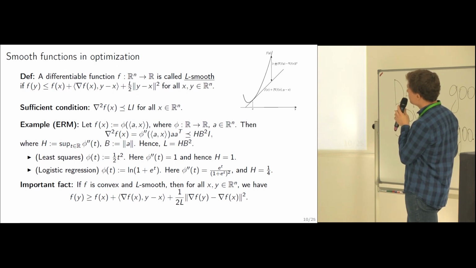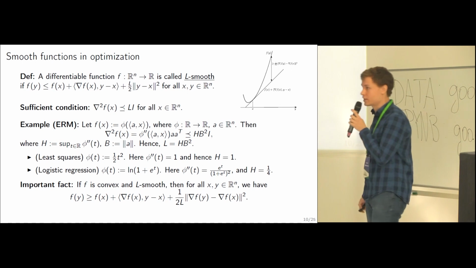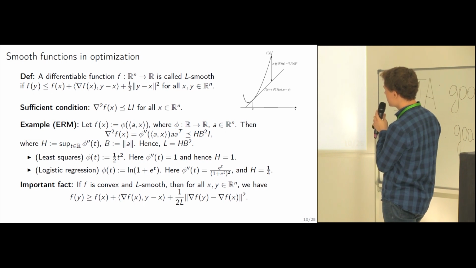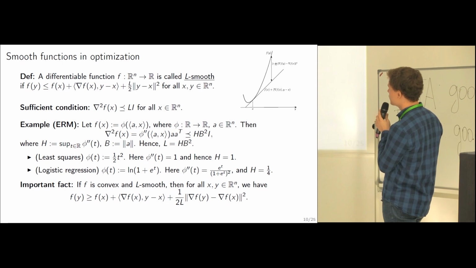We know that if the function is convex, it means that at any point we draw the tangent line and our function lies above this tangent line. So if we remove this term, then this will be the definition of convexity. Function lies above the tangent line.